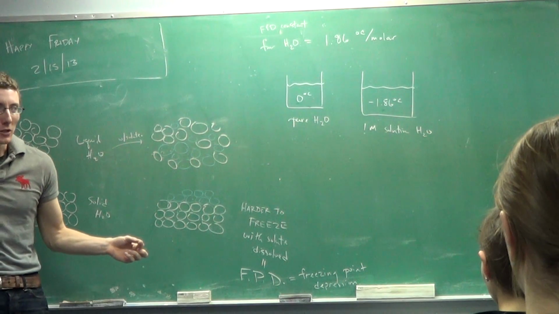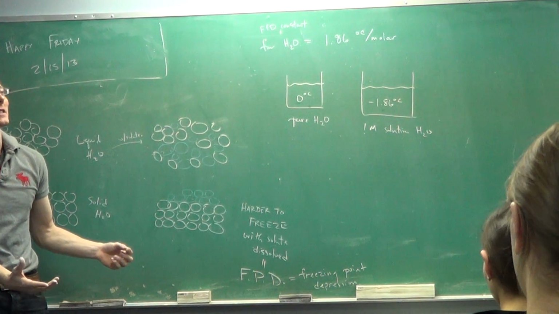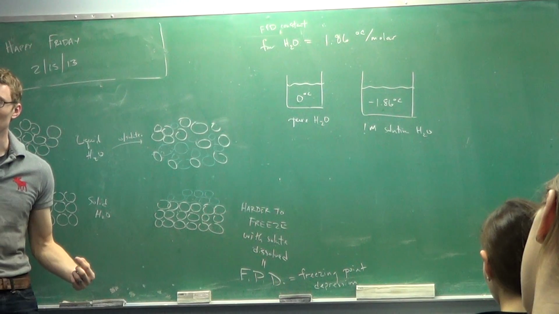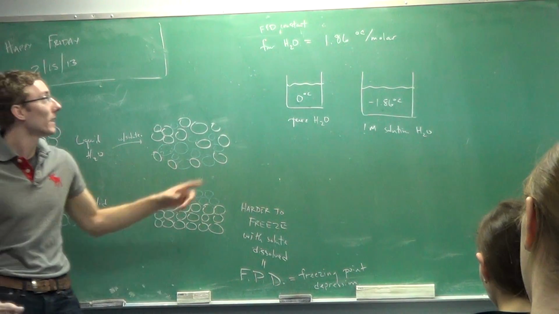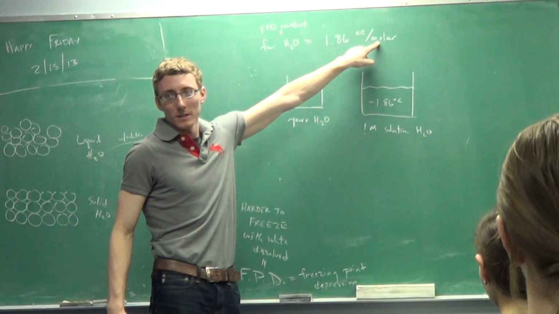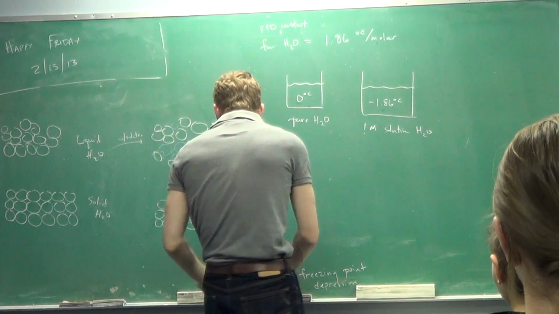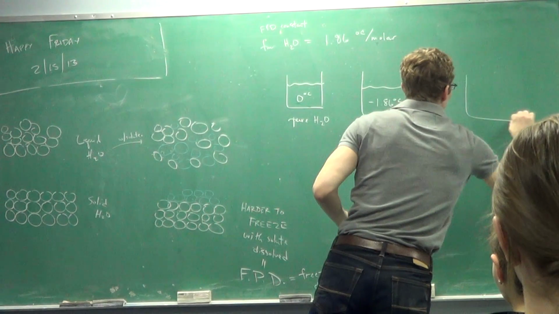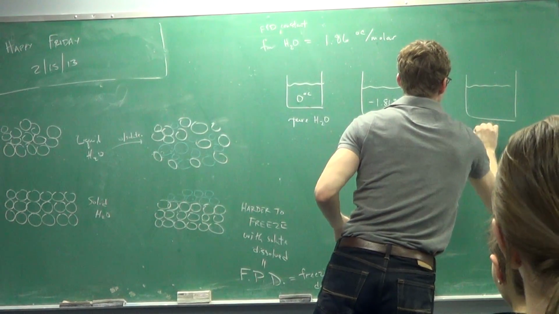So why does the salt truck throw salt? And then why is there a second salt truck behind it throwing more salt? Because the more molar, the more concentrated your solution. What if you had a 2 molar solution?